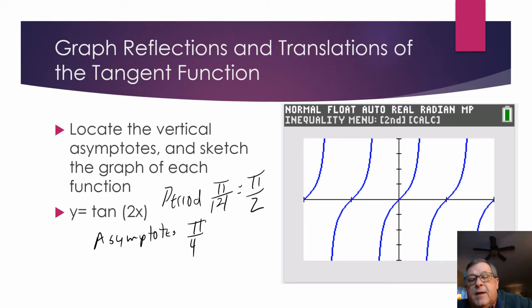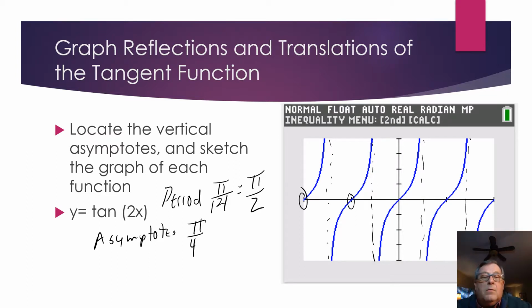And I can see that because, again, my scale here, this is negative pi, this is negative pi over 2, and I'm seeing an asymptote come right here about halfway in between, and I'm seeing another asymptote down here at halfway in between, and another asymptote right here. This would be at pi over 4. And right here, this would be, I'm going to draw an asymptote over my face, that would be 3 pi over 4.